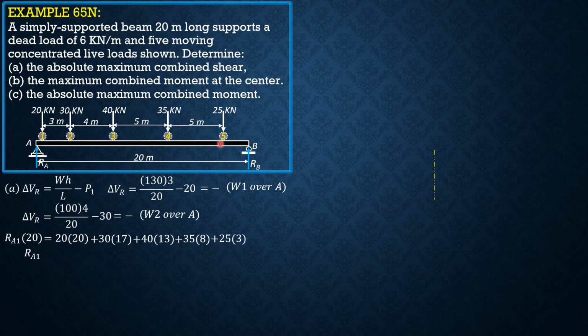So RA1 equals 89.25 kilonewtons. If load 2 is over A, so RA times 20, summation moment B.